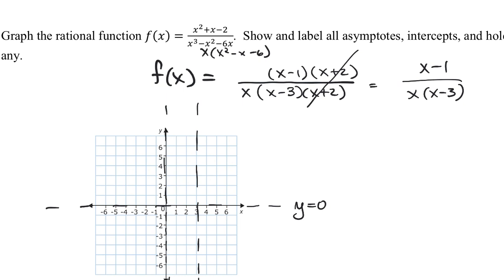Looking at this one, if this is equal to 0, that's only going to occur when the numerator is equal to 0. So x equals 1 is an x-intercept.